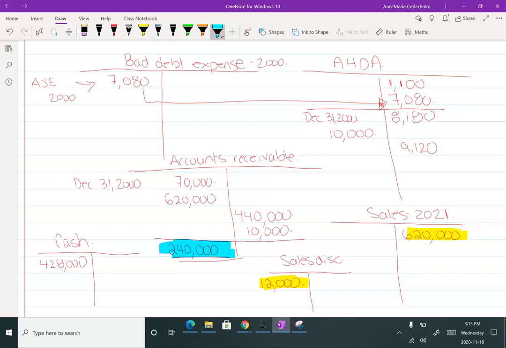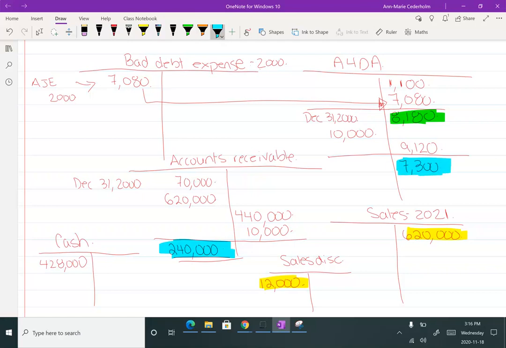And now with my allowance for doubtful accounts, we'll do the same thing. We'll take this 8180 balance at the end of December 31st, 2000, and then we'll subtract the 10,000 and add the 9120 and see what we get there. $7,300.